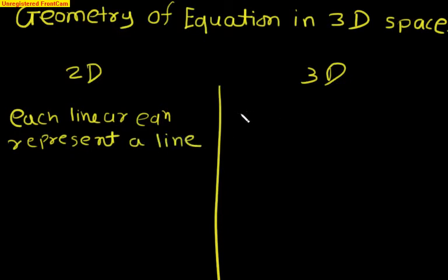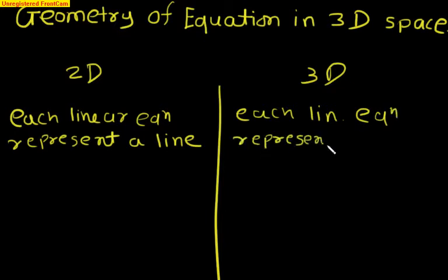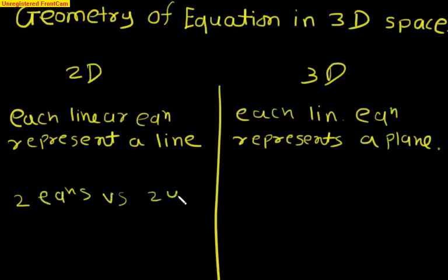And in three-dimensional space, each linear equation represents a plane. In two-dimensional space, we will have two equations versus two unknowns. In three-dimensional space we will have three equations versus three unknowns.